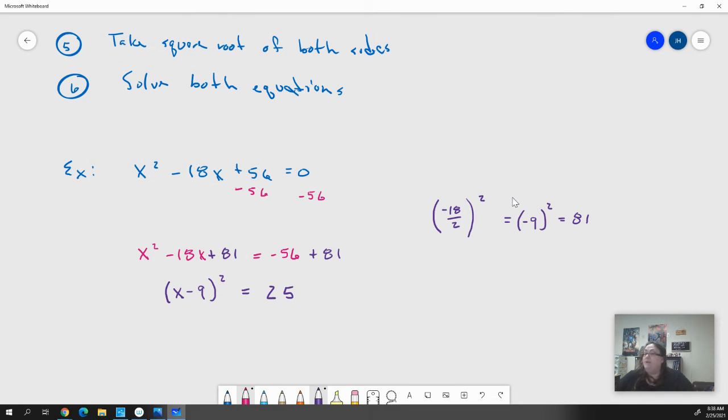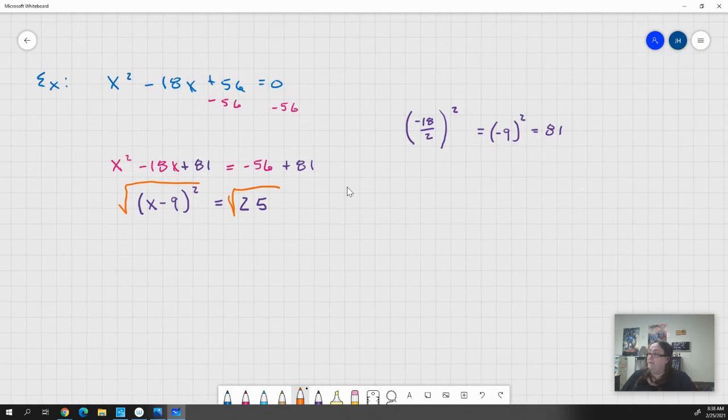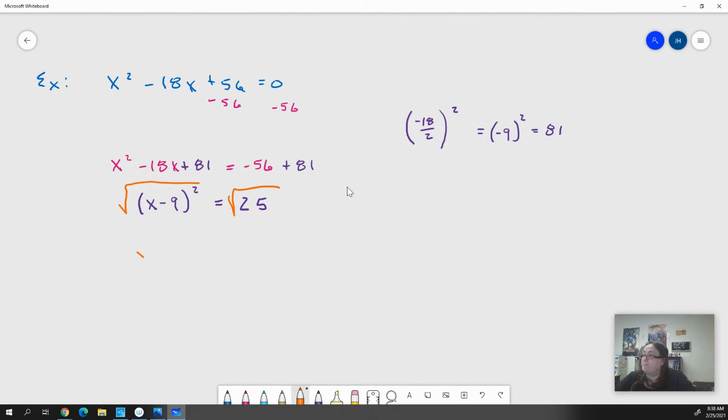And we can easily solve that now by taking the square root of both sides. I have a perfect square here and a perfect square here. Just like if I had x squared, I'd take the square root, here I'm going to take the square root as well. I'm left with x minus 9 equals plus or minus 5, because the square root of 25 is just 5.